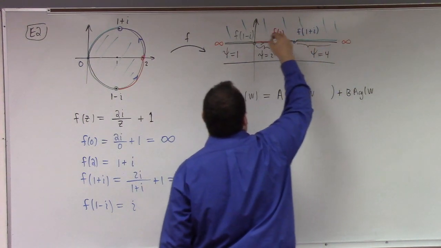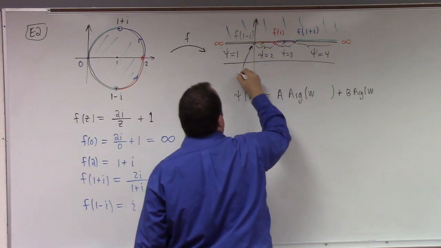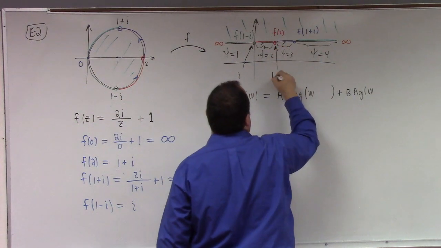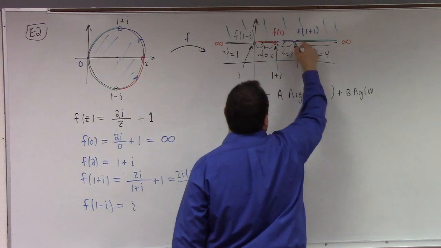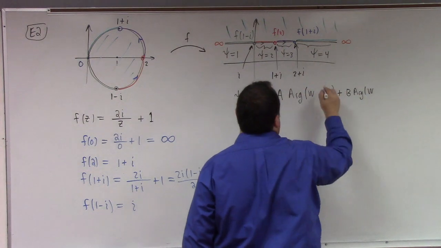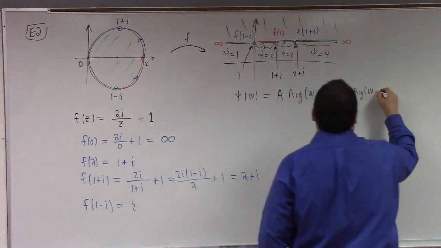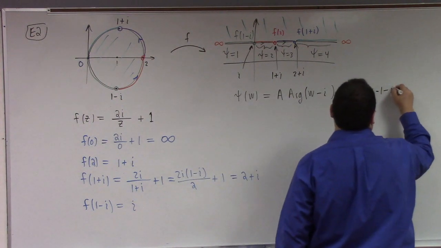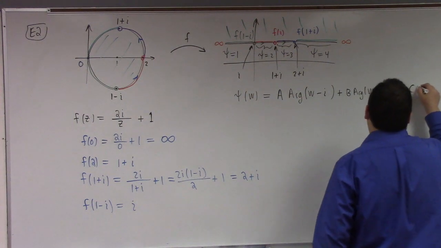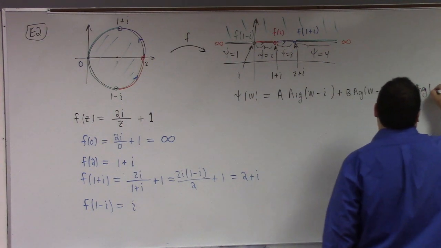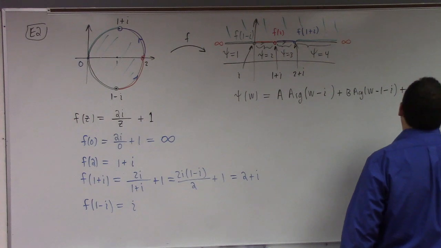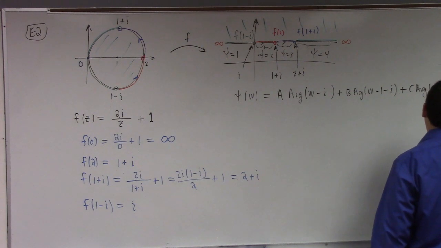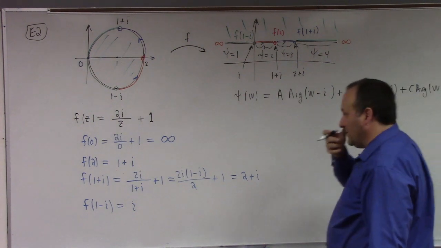Got too much going on in here. So that one's I. This one is 1 plus I, and this one was 2 plus I. And for that reason, I write w minus I here, w minus 1 minus I there, and c arg w minus 2 minus I over here. And as you guys told me, add a constant over there for good measure.